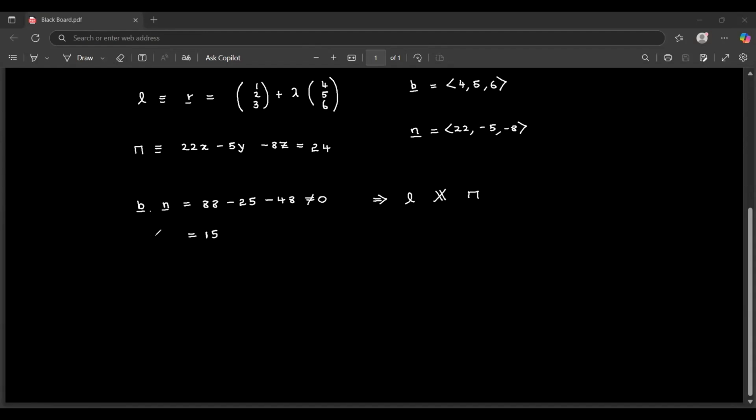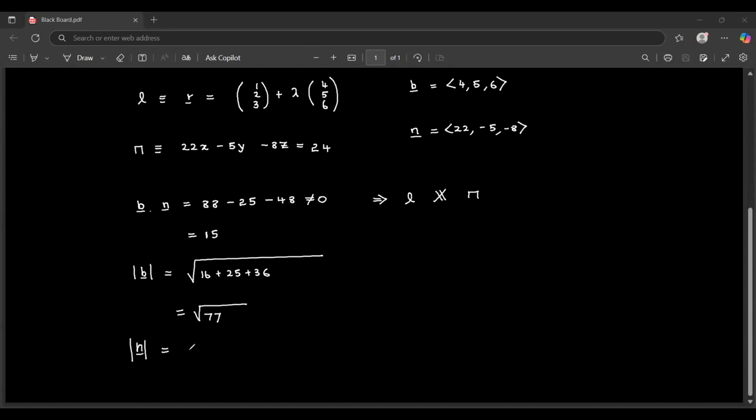Now we have to find the modulus of b. The modulus of b is the square root of 16 plus 25 plus 36, that is 4 squared plus 5 squared plus 6 squared, because those are the coordinates of b. So this equals the square root of 77. We also have to find the modulus of n.